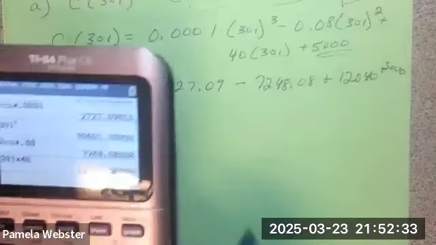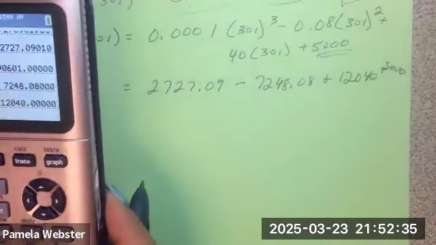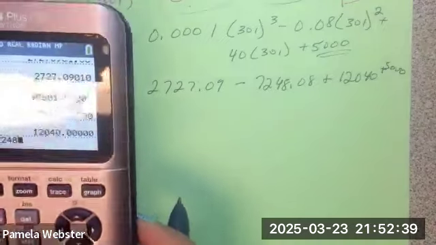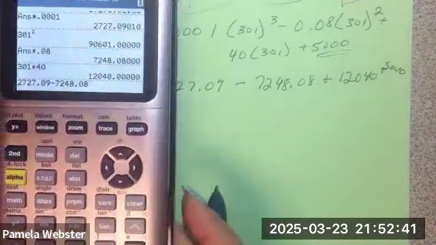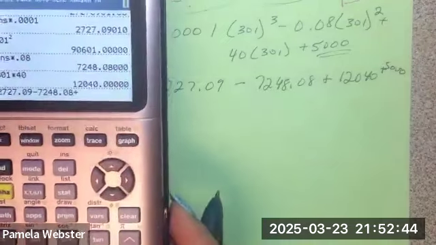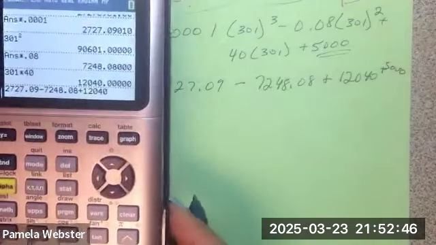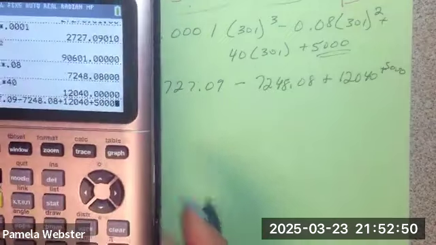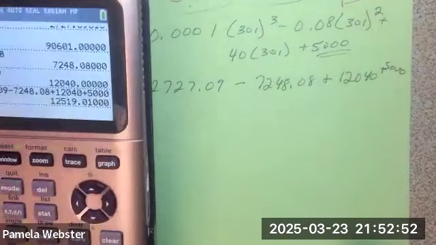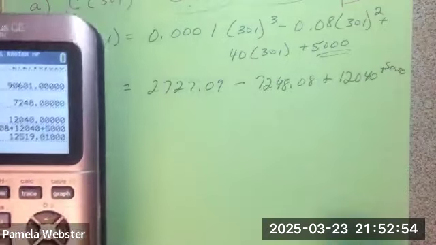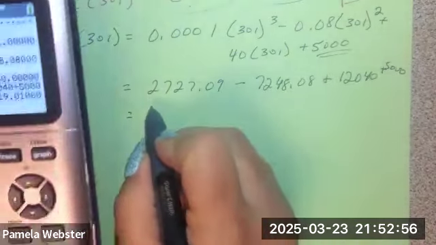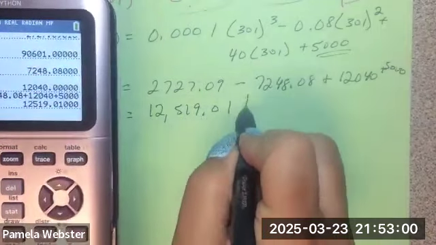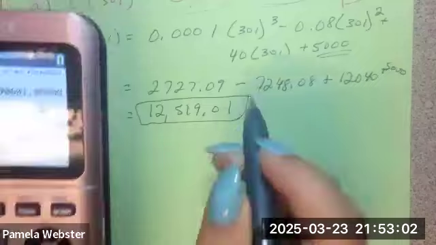Okay, so let me get those numbers punched in together. 2,727.09 minus 7,248.08, plus that, plus that. You can punch this on your own calculator and make sure you're doing it right. So the cost of making 301 of these is $12,519.01. That's not my answer.